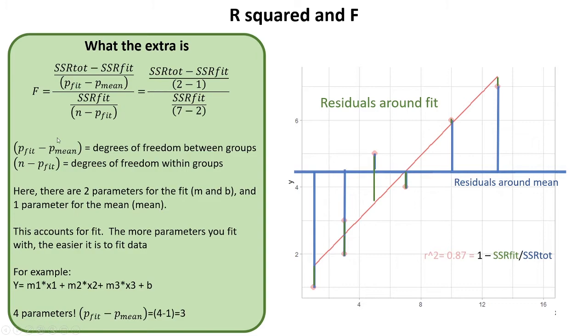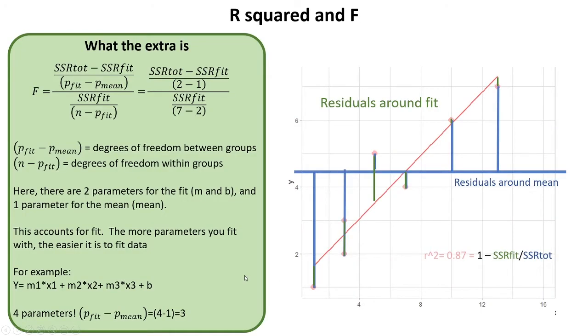So F accounts for the random chance that the many degrees of freedom that you have when you are introducing more and more independent variables might be randomly making your fit better as opposed to doing it purposefully. So F is like R squared, but it is accounting for the degrees of freedom, where R squared is not, right?